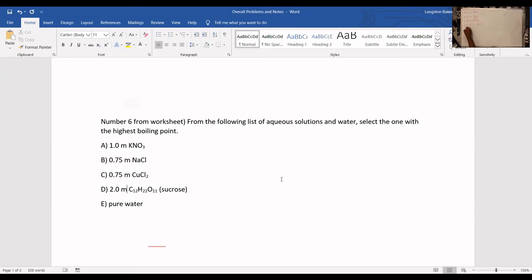Alrighty, so we have all these solutions mixed with water and we're looking for the highest boiling point. Okay, my roommate walking around out there. Yeah, highest boiling point. Maybe write this down.